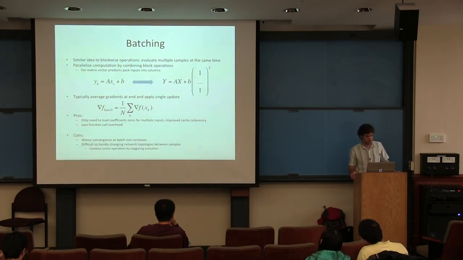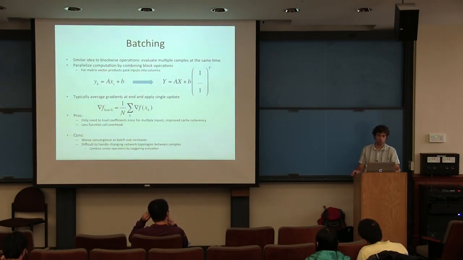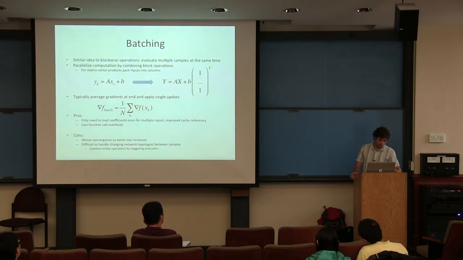It's a similar idea to the blockwise operations, where you took individual neurons and grouped them together into a block operation. But in this case, we take the neuron block from each sample, and we combine these together into a single block, and then do a single operation over a bunch of different samples all at the same time.